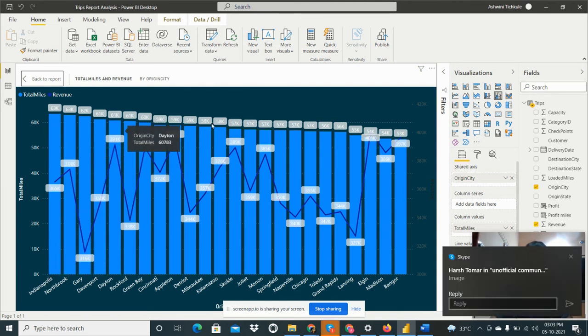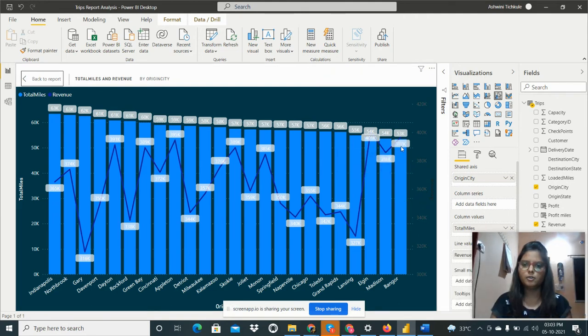And from Bangor, the lower number: 53K is the total miles, and 397K is the revenue. So we can analyze this.